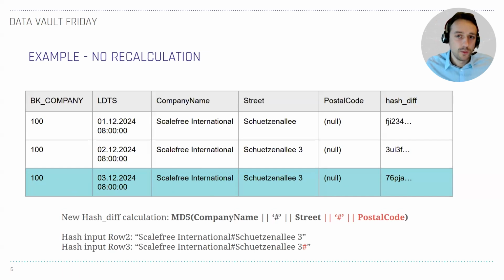And then, without any recalculation of the hash value for existing records, there will be a new delta for every business object. So yeah, you will basically end up with a lot of new records, which won't break your data vault or your data warehouse, but there are a lot of new unnecessary records and therefore additional storage.